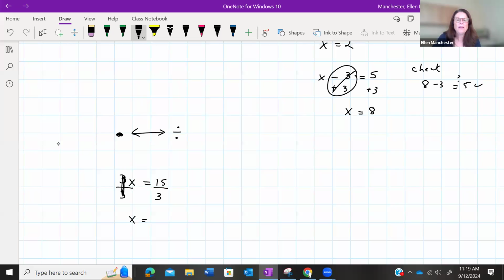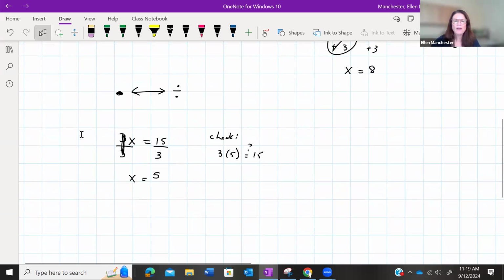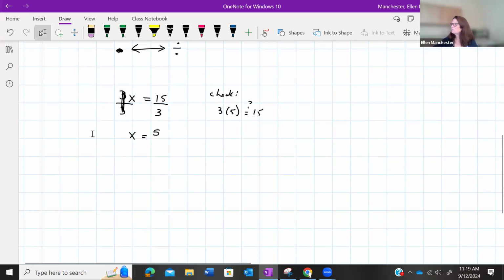So I've isolated my x. And then 15 divided by 3 is 5. And this check, you can do it mentally. I'm just writing it down so you can see how I'm mentally checking. So 3 times 5 does equal 15. I'm good to go. Okay, so that's when it shows multiplication.